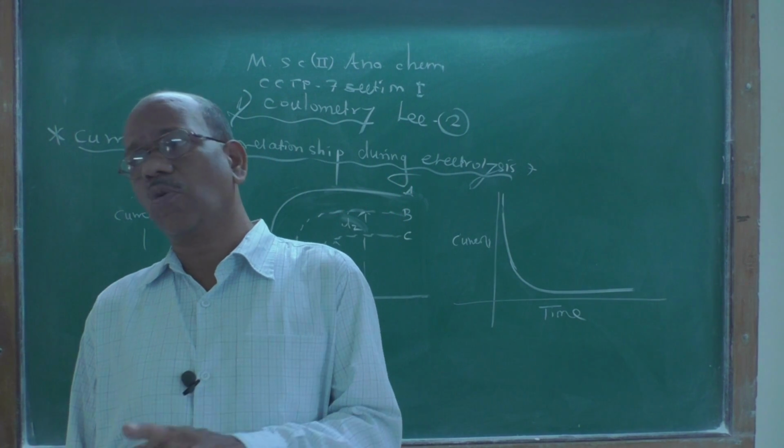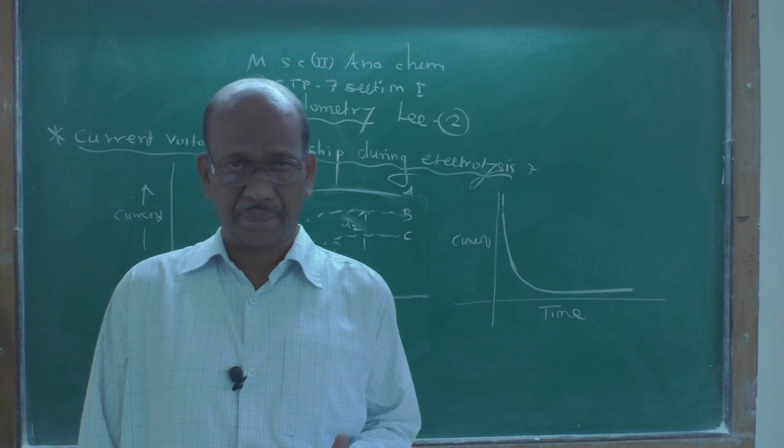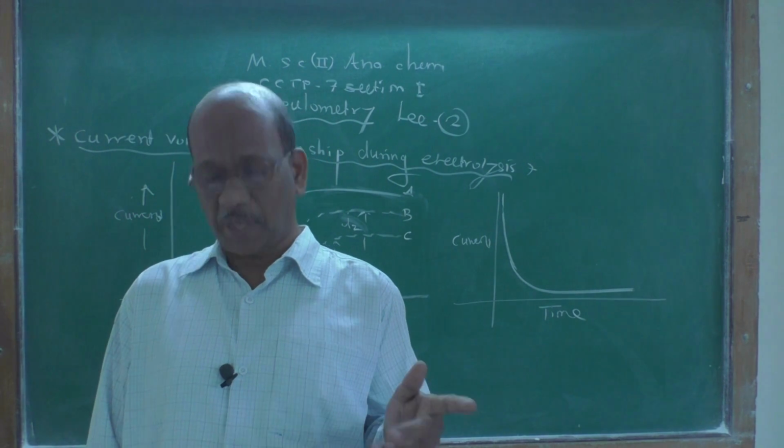Now there are two types of coulometers: control current and control potential.